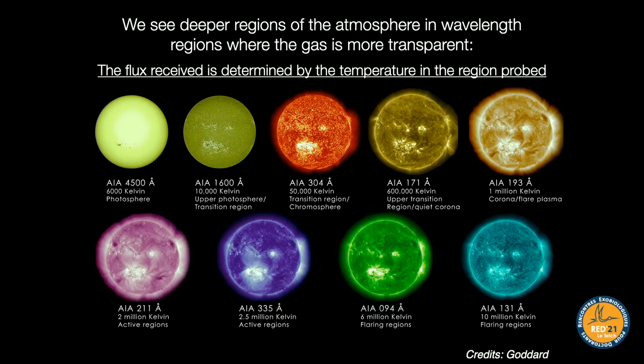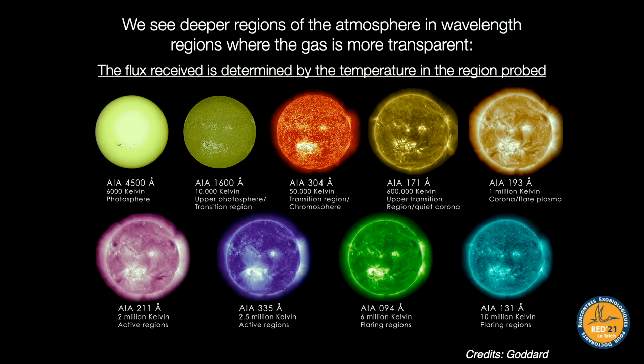Because of that, we see deeper regions of the atmosphere in wavelength regions where the gas making up the atmosphere is more transparent. And the corollary is that the flux we receive is determined by the temperature of the region that we probe at this wavelength.